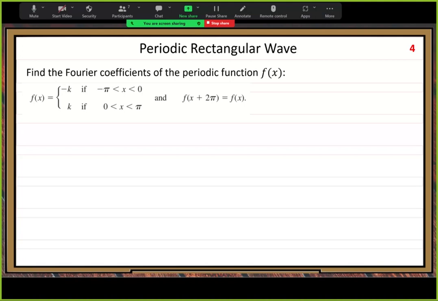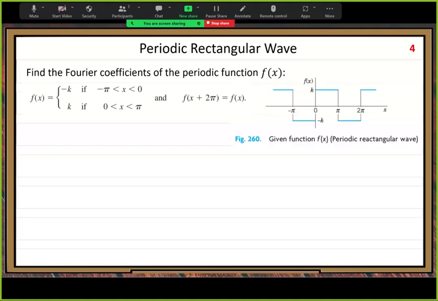Here you can see around the y-axis, the period interval has its center at 0, from negative pi to pi. If we draw the graph for one period, you see negative k, positive k.